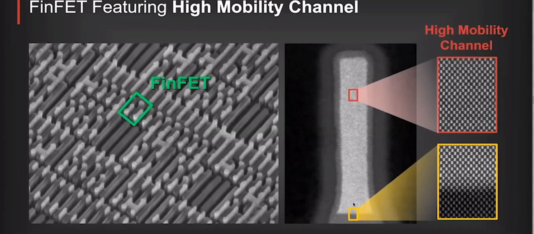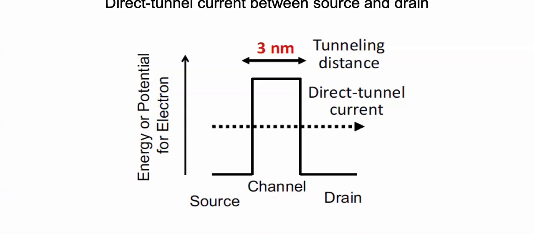They use some techniques to get high mobility, and this is a TEM image in the center of the fin. And this is how it looks in real life. Each one here is a transistor, and this is the first layer of the gate. This is the front end of the circuit.